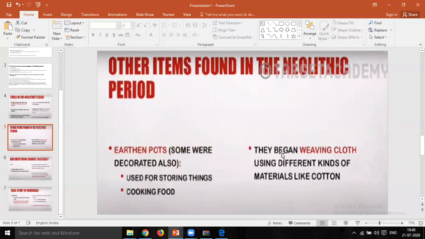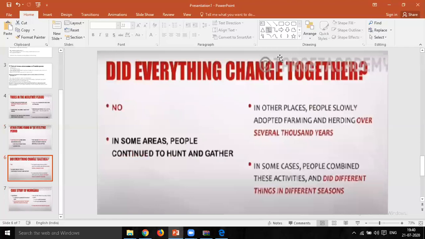They also began weaving cloth with materials like cotton. After that we came to the question: did everything change after this Neolithic period?